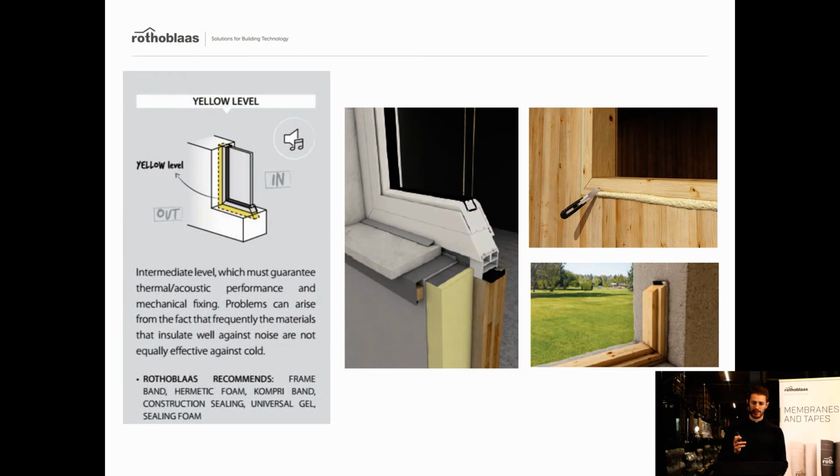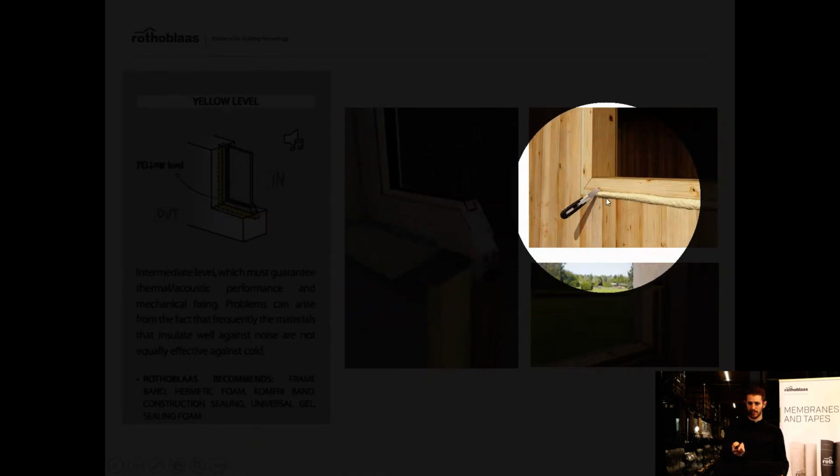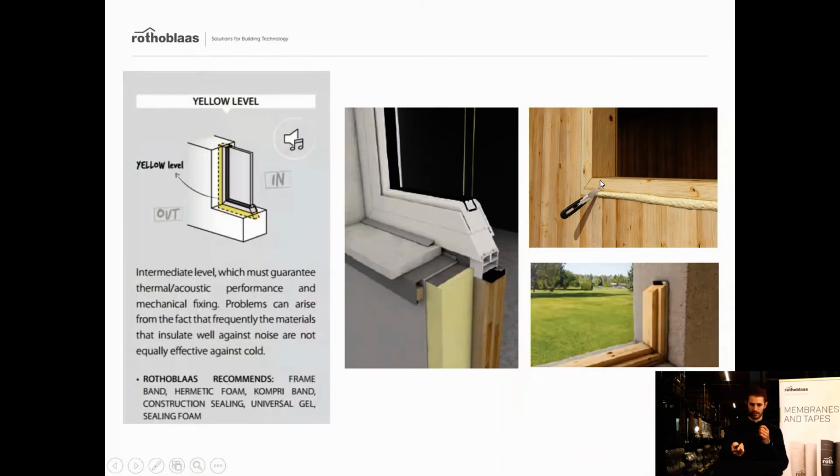The yellow layer can be done with foams. It is actually better not to cut out the foam like that, because this foam has closed cells, and if you cut it out like that, you can open up the cells, and the airtightness is not as good. So I would suggest pushing it in with your fingers while it is just being placed.